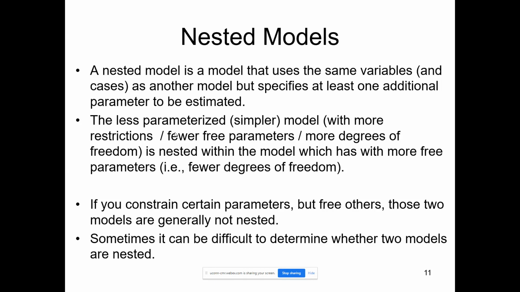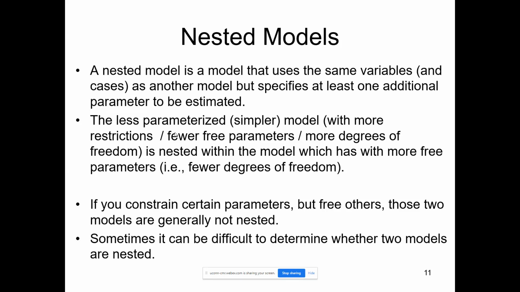That's important because it's not going to happen so much here in SEM, since we're working with the variance covariance matrix, which stays constant. But there are times when people change models that might actually change the sample size. So if you're thinking about nested models, you're talking about the exact same observations and, in our case, the same variables.